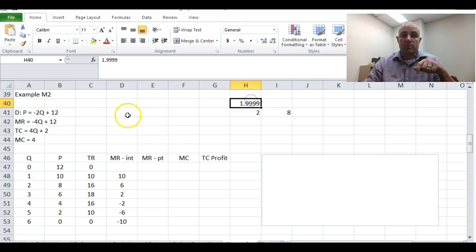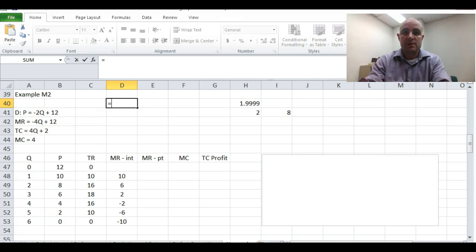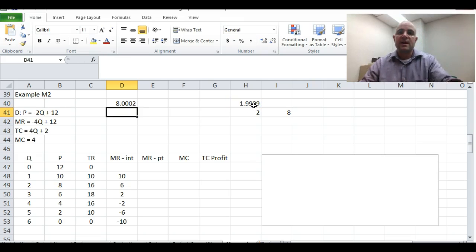To get where it's 1.9999, we use price equals minus 2 times Q plus 12, which gives 8.0002.